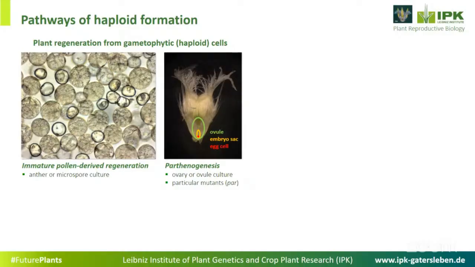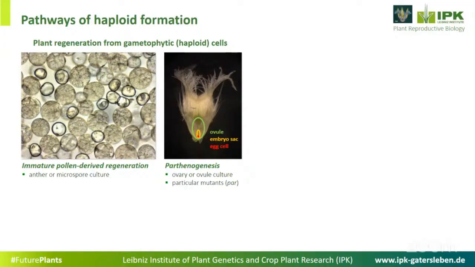We may all know from the biological background that we have this alternation of a sporophyte and gametophyte, and the gametophyte is the hidden generation in plants which produces the gametes, which then fuse, egg cell and sperm cell, to produce a zygote, which is the originator cell of a new individual. And haploid gametophytic cells we have on the male side, which is the pollen, and on the female side, which is the embryo sac.